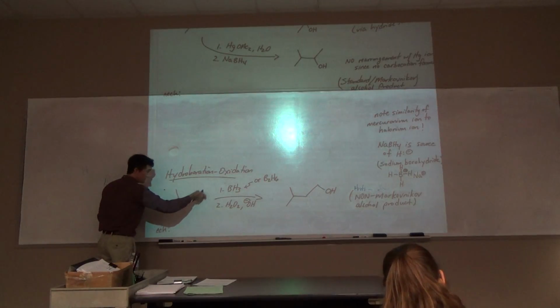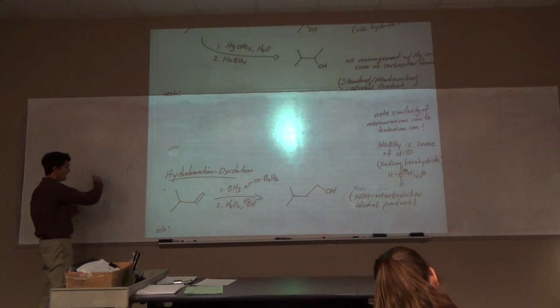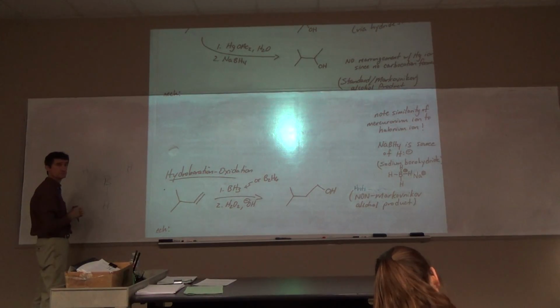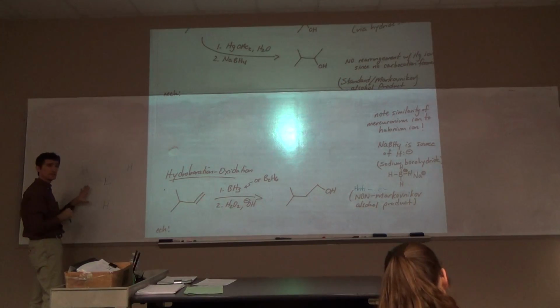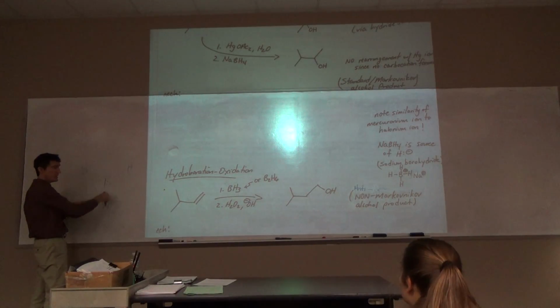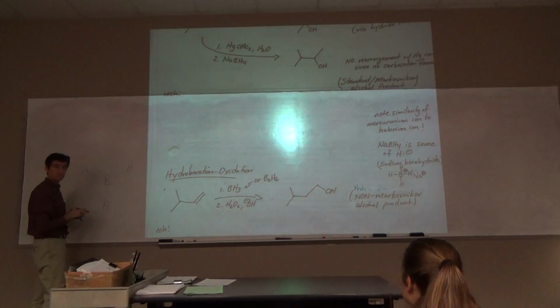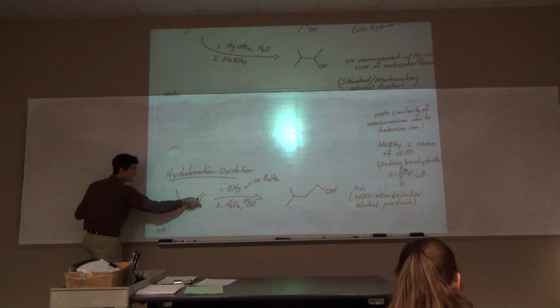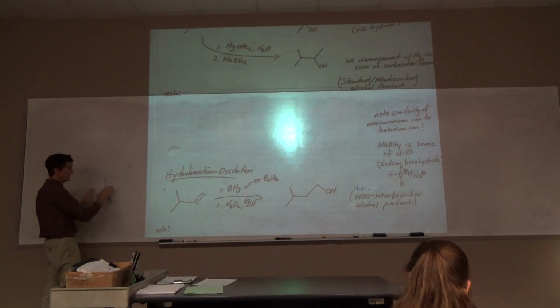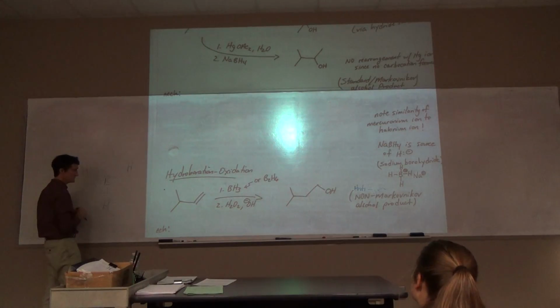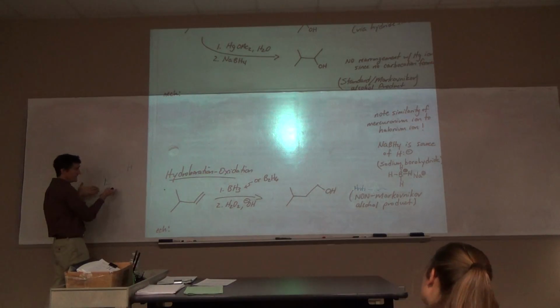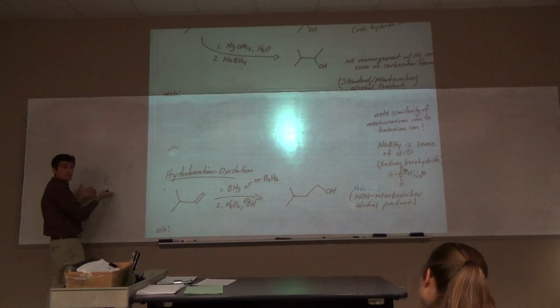The pi electrons would be attracted to this because it has an empty p orbital, sp2 hybrids and an empty p orbital. These pi electrons are attracted into that empty p orbital. This thing thus accepts electrons.